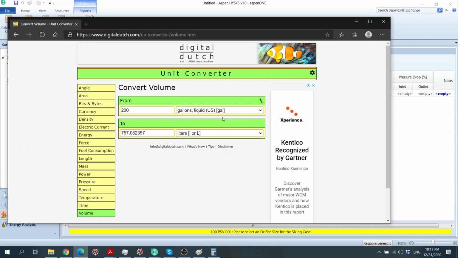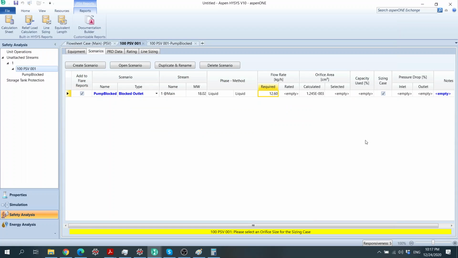200 gallons, 757 liters. Oh, okay, sorry. We have 200 gallons per minute, so that means 757 liters per minute.